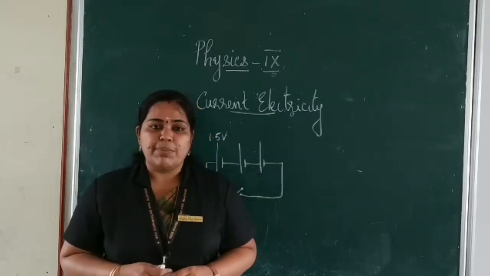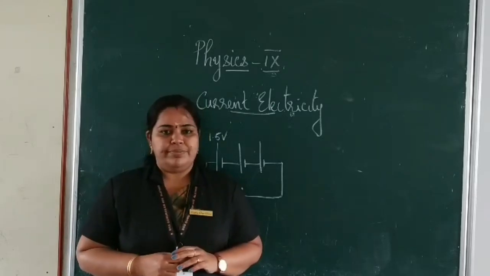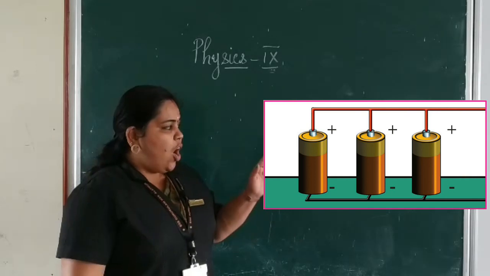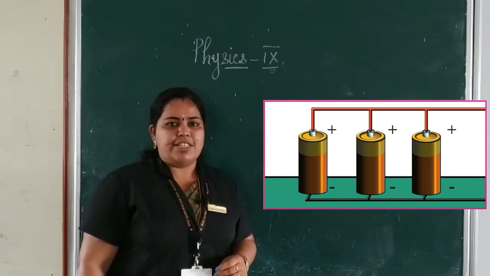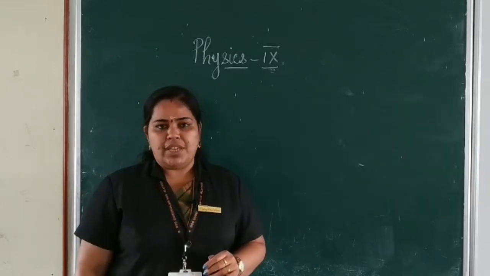Now we will discuss another connection, that is parallel connection. Look at this picture. Here you can see all the positive terminals are connected together and all the negative terminals are connected together.